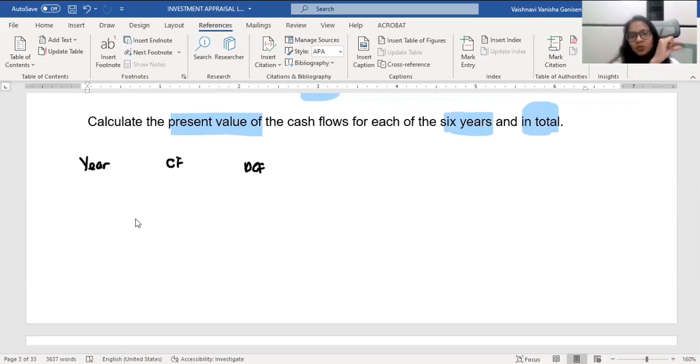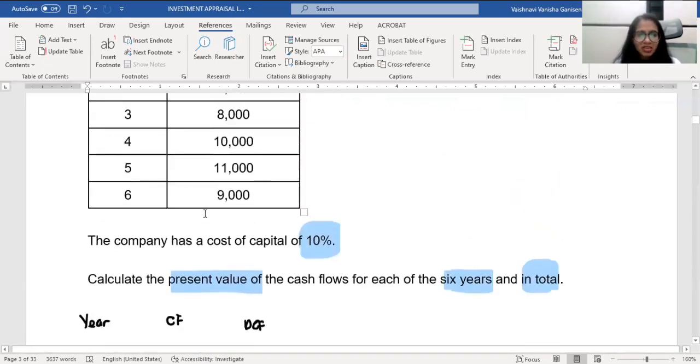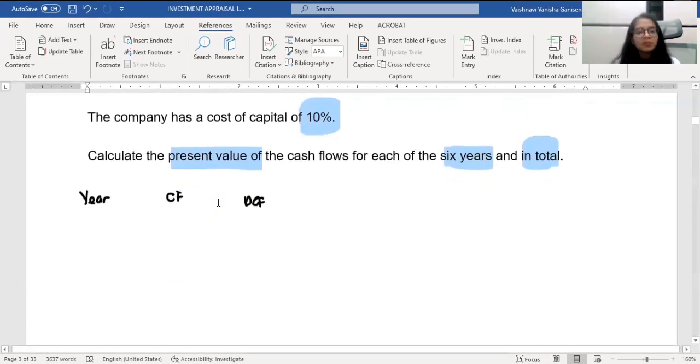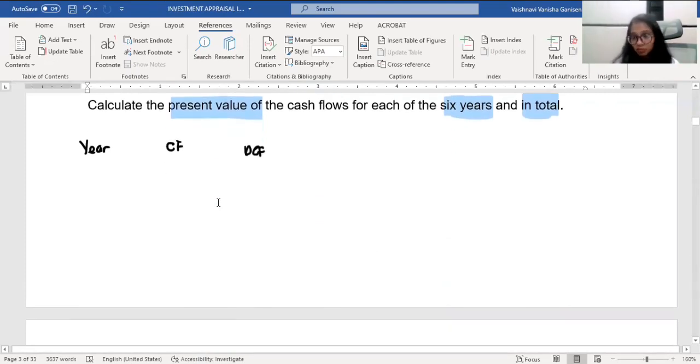The one where I do it horizontally, sideways, is normally what we apply in the question where we calculate the advanced and the basic NPV. That means the long question, the longer form of question. A question like this, which is quite simple and straightforward, I normally just use the tabular vertical approach.